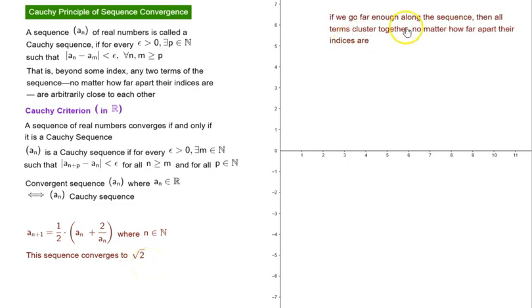If we go far enough along the sequence, then all the terms cluster together, no matter how far apart their indices are. So let's look at it graphically. So this is our graph for this sequence.